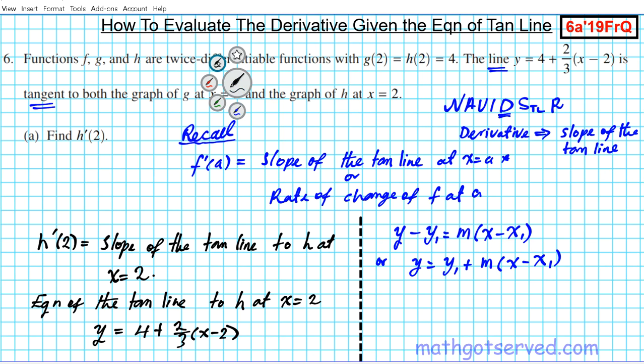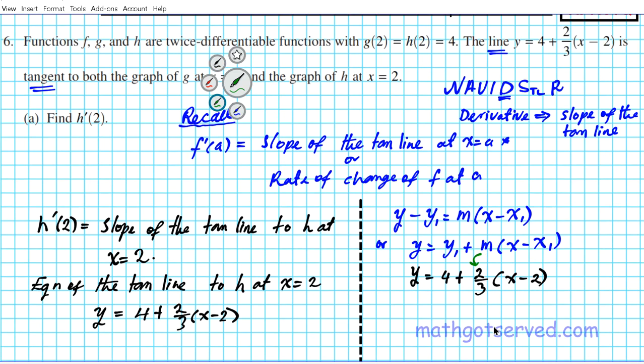Okay, so this function is y equals 4 plus 2/3 times x minus 2. So what's the slope of this line right here? The coefficient of x, or what's in front of that quantity, x minus x1. So we can clearly see that our m is 2/3. All right, so that's one way of doing it.